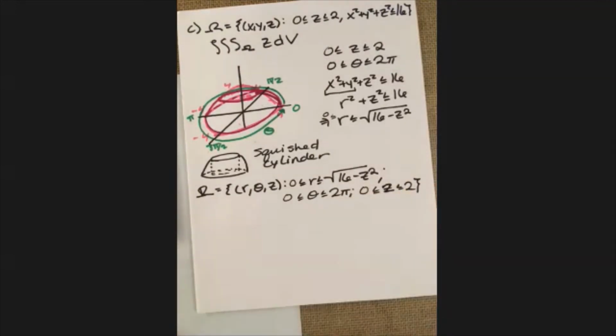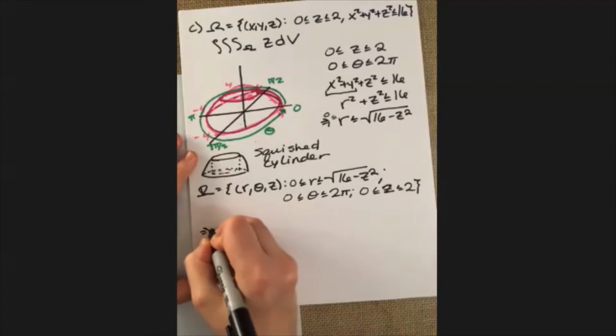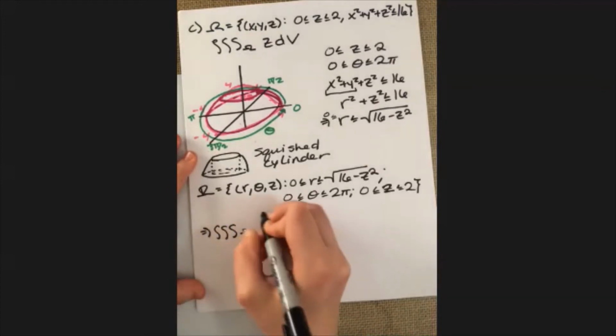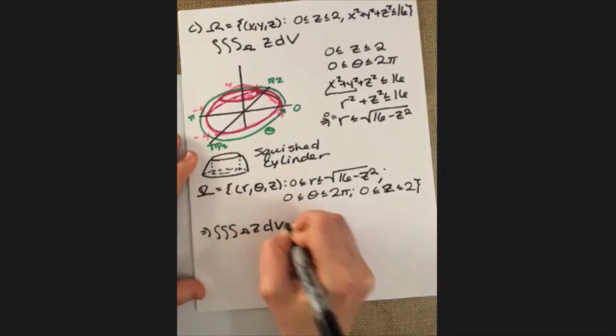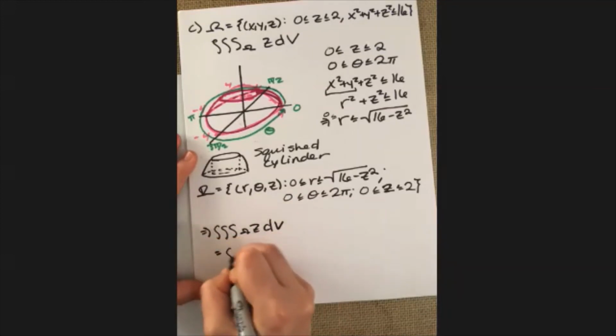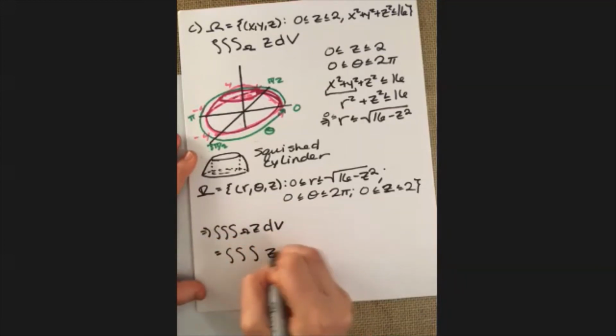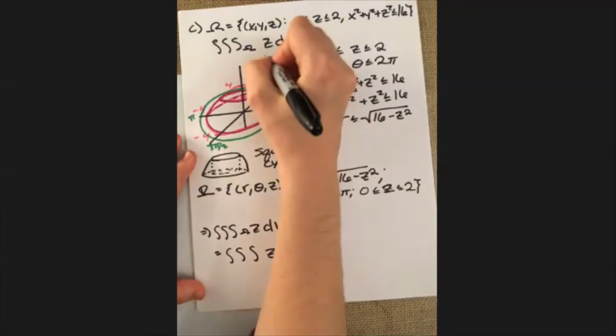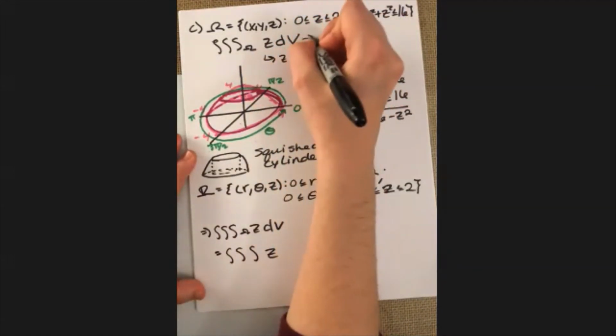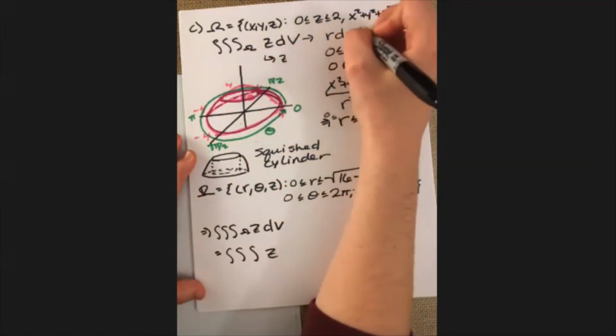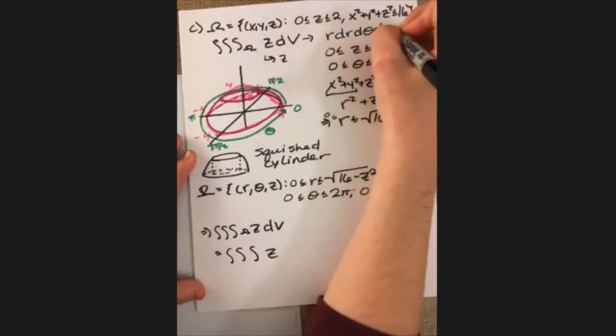Great. Okay, so now I just have to set up my integral. We started with a triple integral over omega of z dV. Z gets to stay the same because z is just z when we're working with cylindrical coordinates, and dV becomes r dr d theta dz.